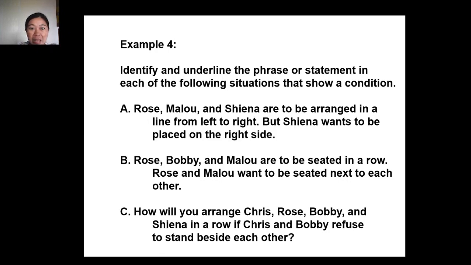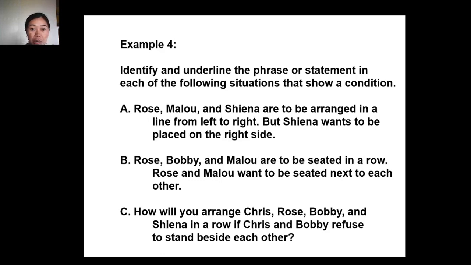So, identifying situation that show a condition for a given permutation, problem, or situations. Okay, so I hope na naintindihan ninyo. To recap, when we say permutation, arrangement does matter. And then, how can we determine or how can we identify if the given situation illustrates permutations?